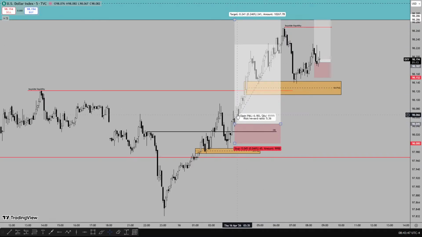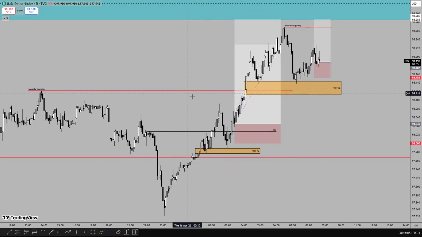Not because you're leaving profits on the table. No, it's because you don't want to regret the trade trading against your plan, affecting your probability factor that is aligned with your trade plan.